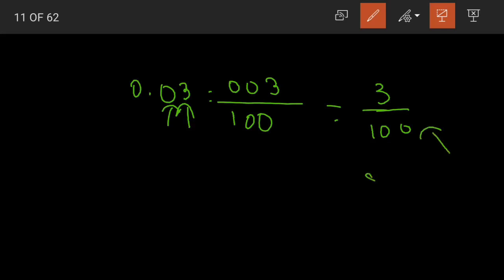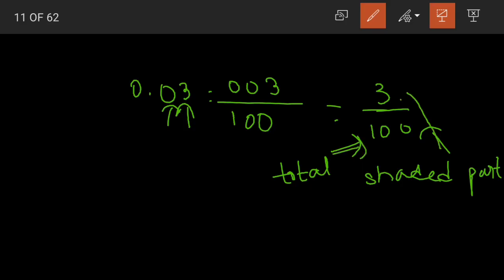Now this represents the fraction for the shaded part. What can you say from this, children? That the denominator is the total number of parts. In total, Amelia has divided the figure into 100 parts, out of which only 3 are shaded.